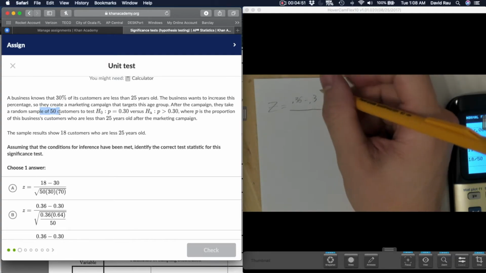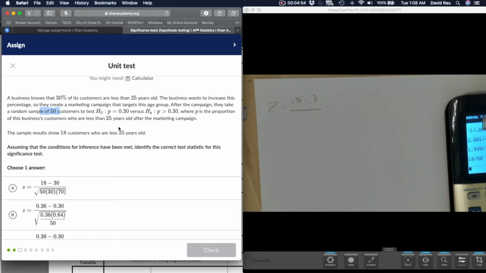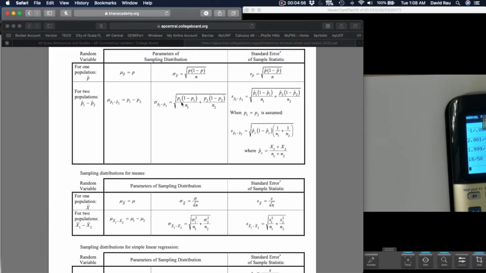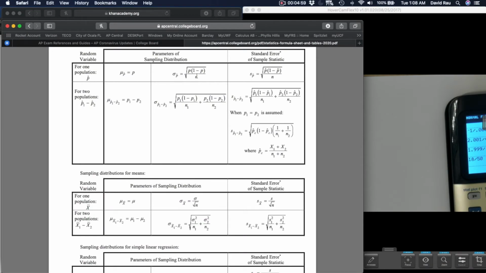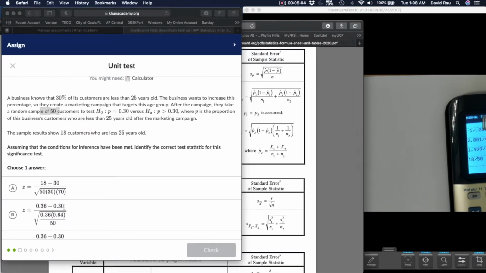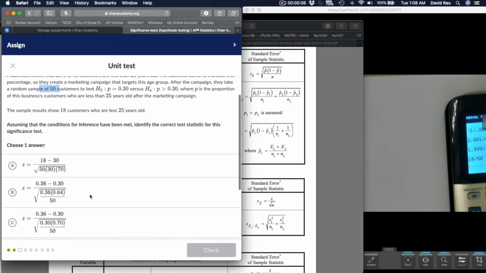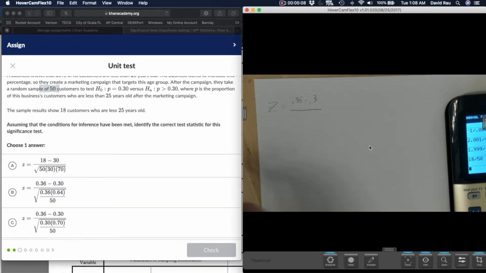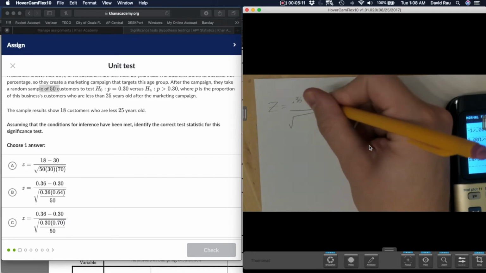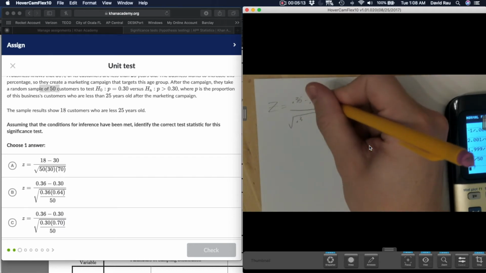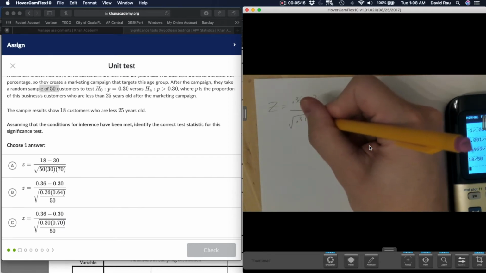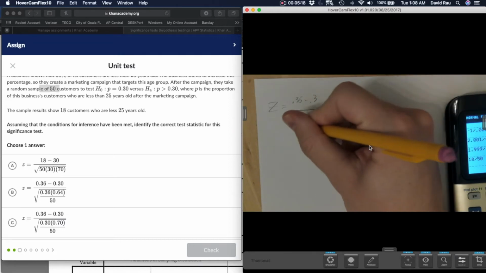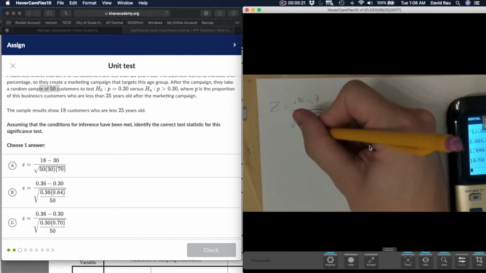our standard deviation, which is made up by our null hypothesis. So it should say that somewhere. Okay. So assuming the null was true, that's what you do in a hypothesis test. You assume the null is true. So we're going to base our standard deviation on the supposedly true 0.3 times 1 minus 0.3, which is 0.7, divided by the sample size, which was, again, 50.